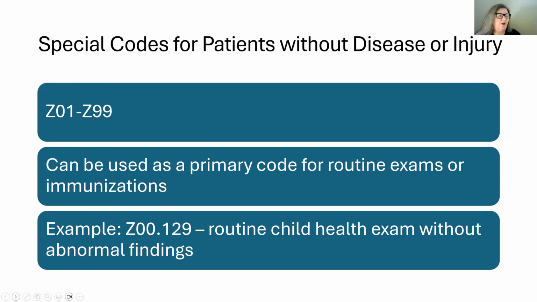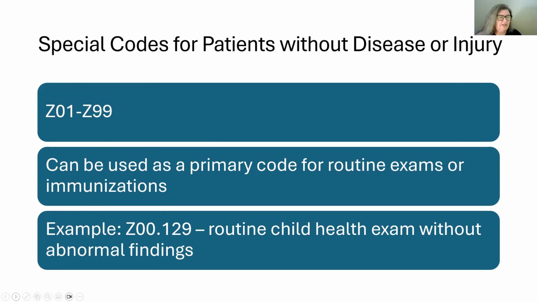These can be used as primary codes for routine exams or if patients are coming in for immunizations, especially with children. A good example would be Z00.129. That is the code for a routine child health exam without abnormal findings.